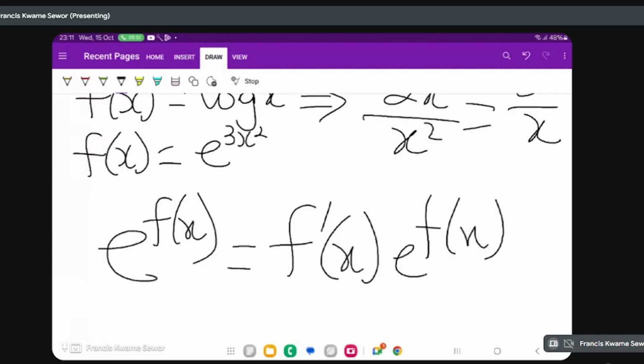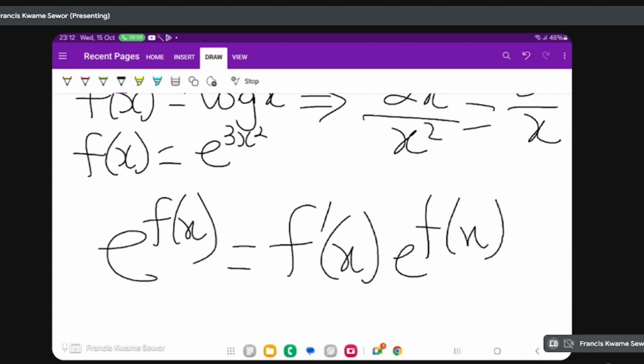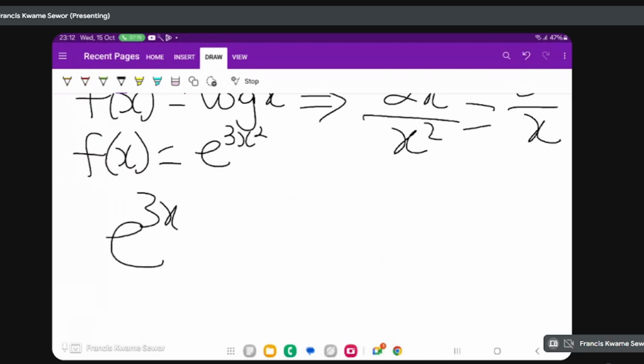It's almost similar to the logarithmic one. So based on this, if we have e to the power 3x squared, our f is 3x squared.